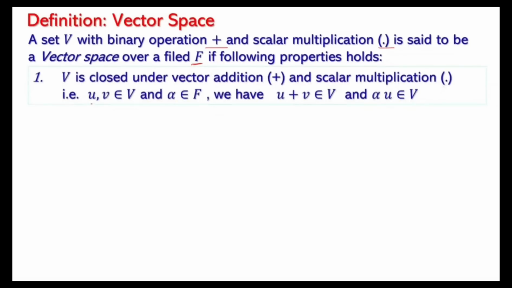If you take two vectors U and V from the set V and one scalar alpha from the field F, then if you apply the vector addition, U plus V, the outcome should also belong to V, meaning it has the same properties like U and V. And if you multiply alpha with U, then alpha U belongs to V. So this is called the closure property of the space V.